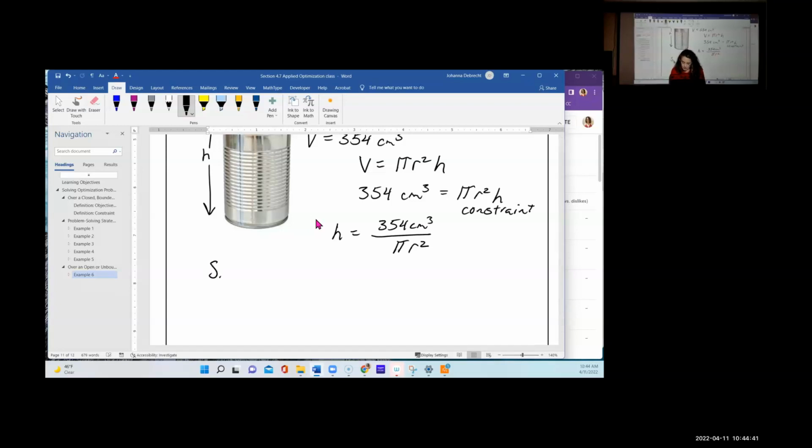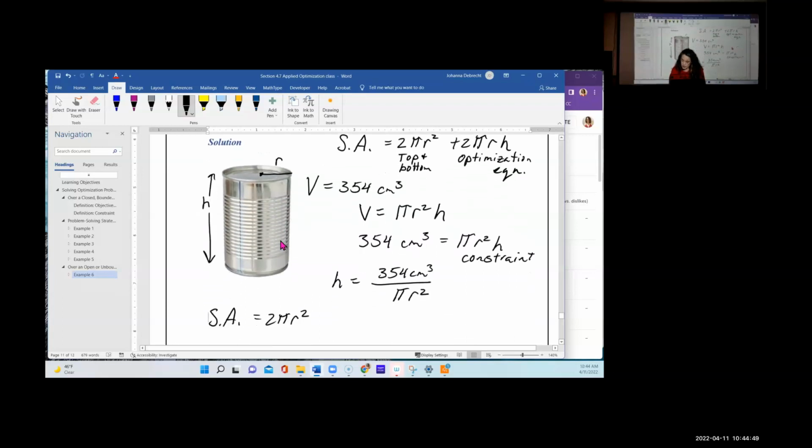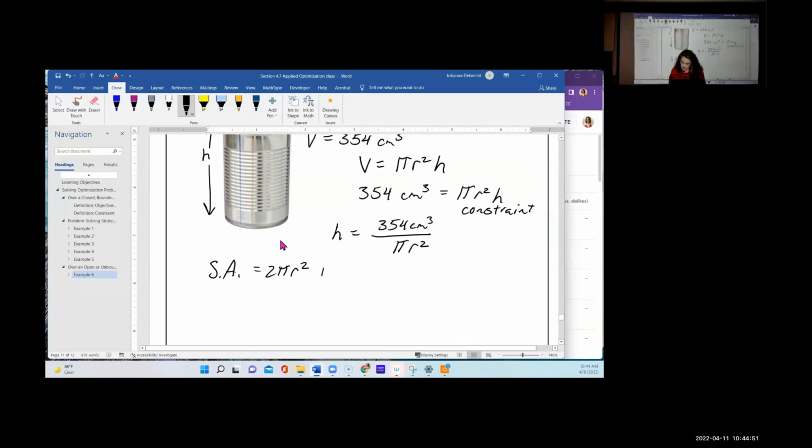So now I can write the surface area formula again. 2 pi r squared, the top and the bottom, and then 2 pi r h, which is the sides, plus 2 pi r times 354 cubic centimeters over pi r squared.